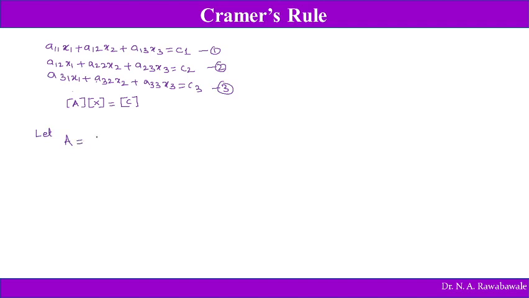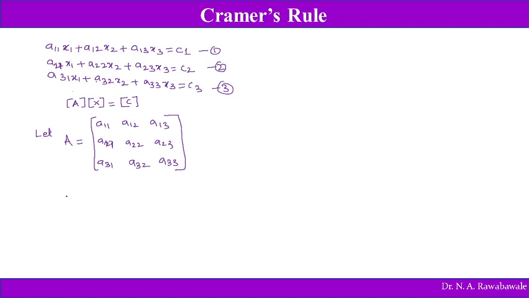Matrix A is nothing but the matrix of coefficients a11, a12, a13, a21, a22, a23, a31, a32, a33. This is the matrix of coefficients from this set of algebraic equations.